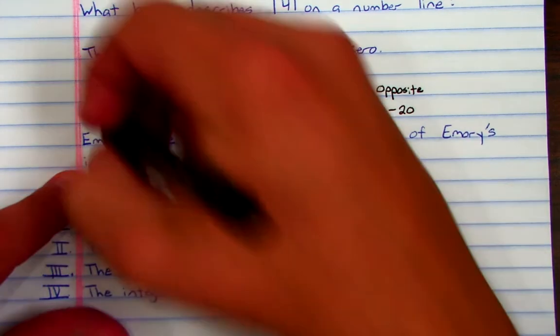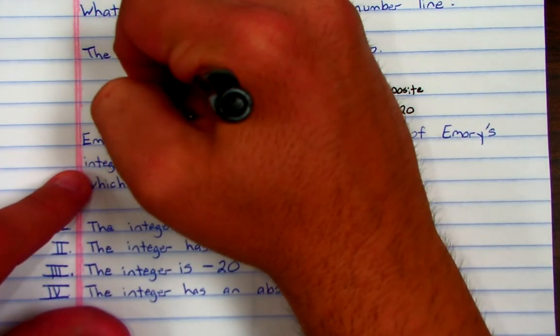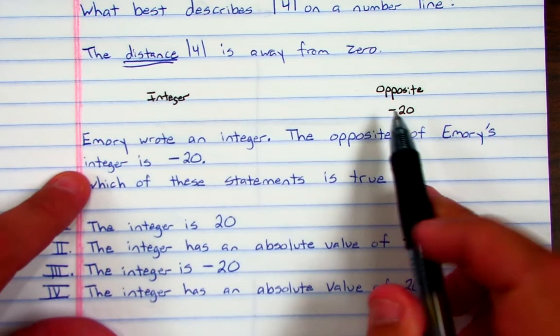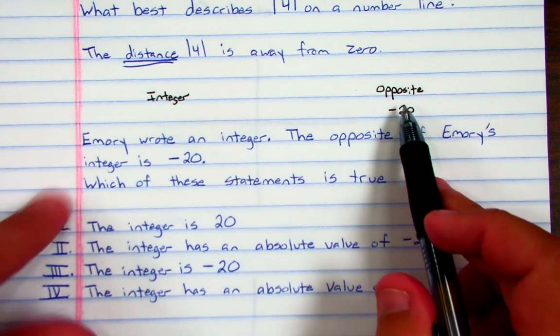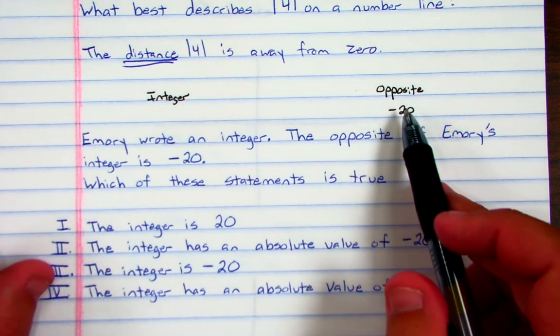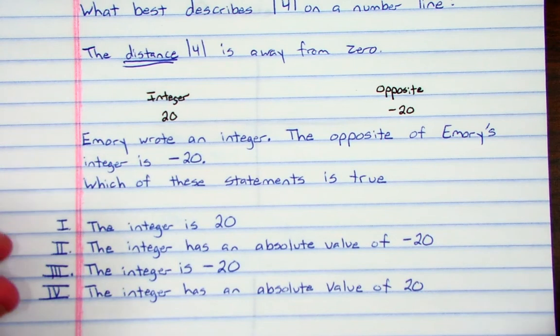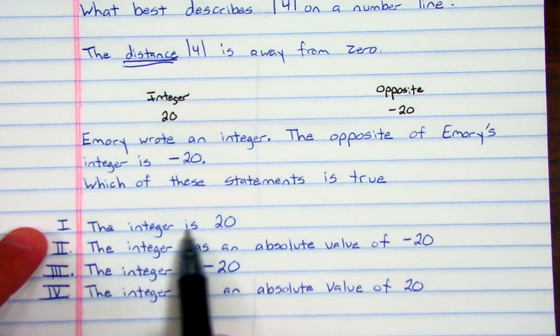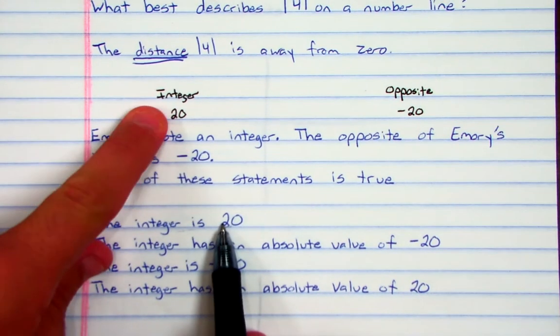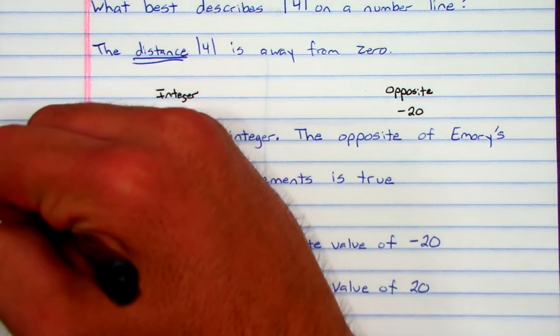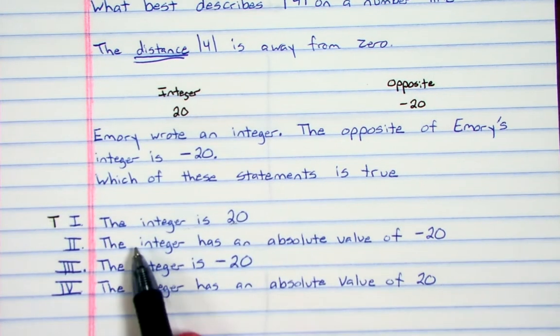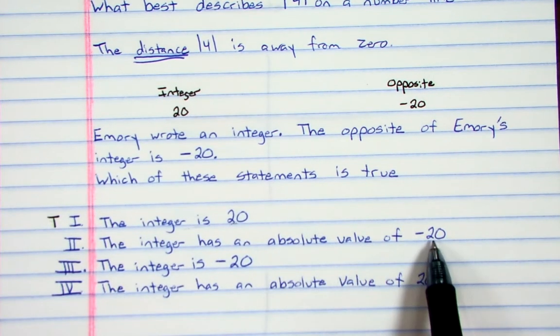So what is the integer? Well, if the opposite of the integer is negative 20, doesn't that mean the integer itself is 20? Well, yes. So let's look here. The integer is 20. Well, yes, it is. It says it right there. That's true. The integer has an absolute value of negative 20.